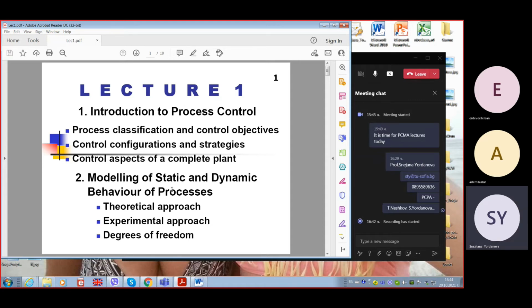Then we'll continue with modeling of the behavior of the processes. Part 1 is half of the title of the subject, process control. Part 2 is manufacturing automation, where different production processes are studied and how they are controlled by programming programmable logic controller.